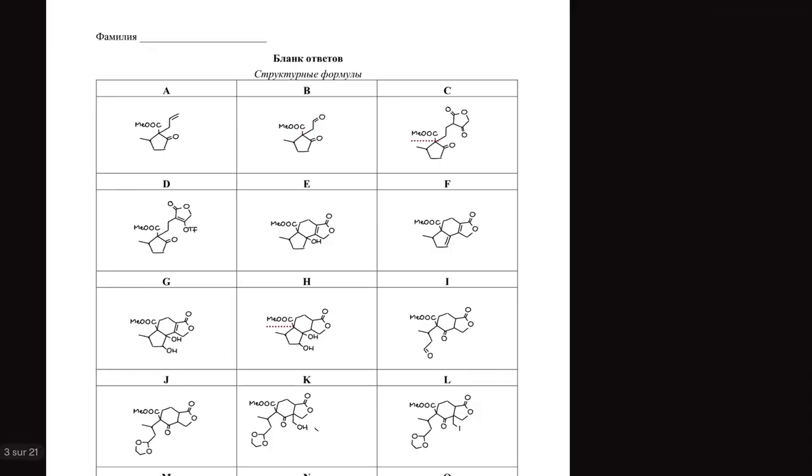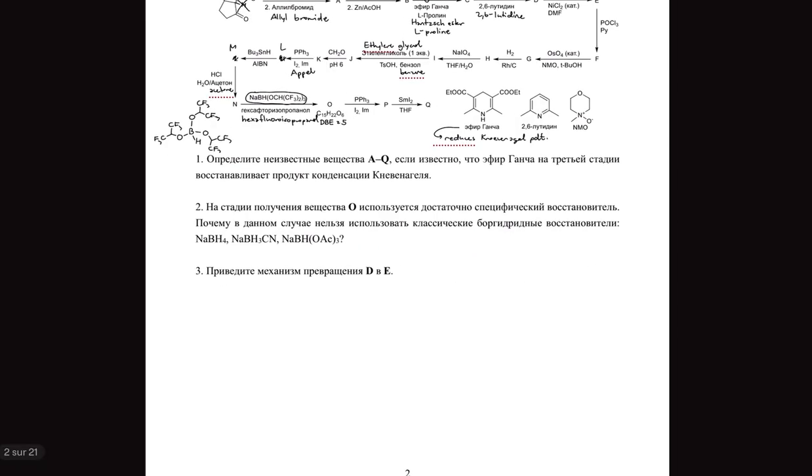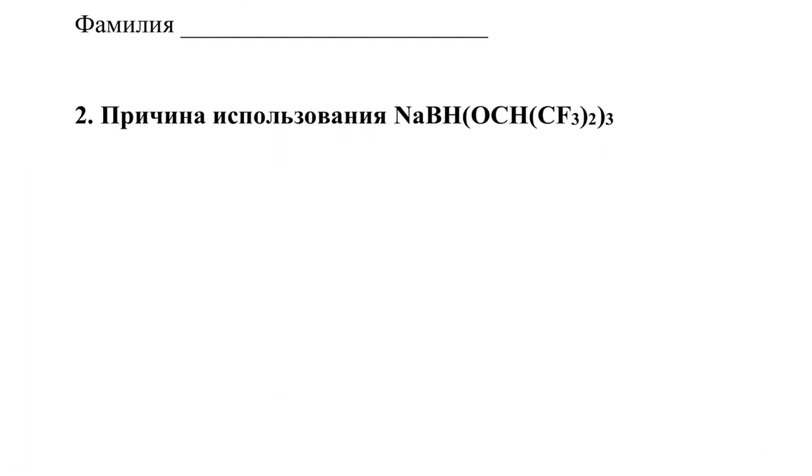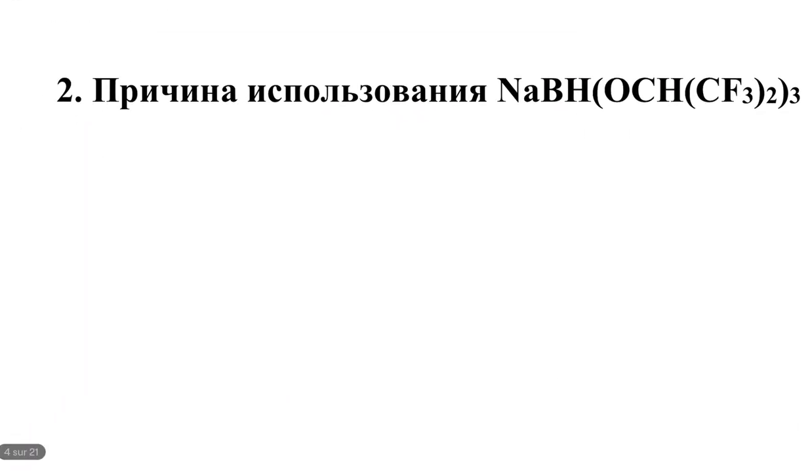And then for question number 2, this question asks us, why do we need to use such a specific reducing reagent? Why can't we use sodium borohydride, NaBH3CN, or sodium triacetoxyborohydride? Well, of course, the reason is aldehyde selectivity.